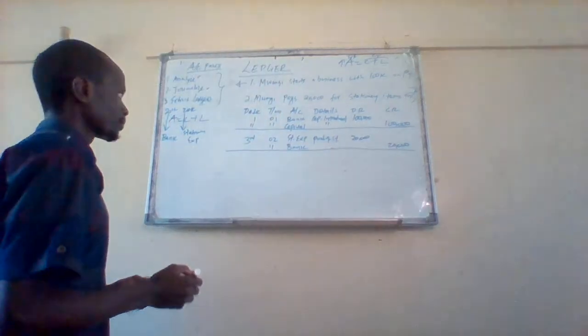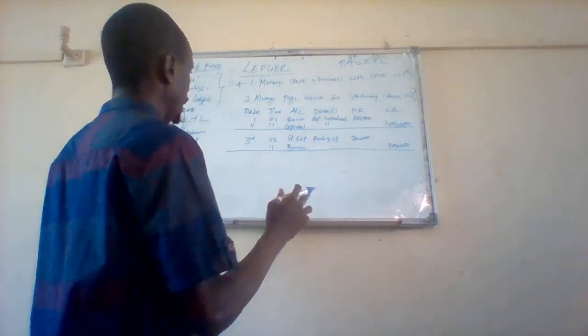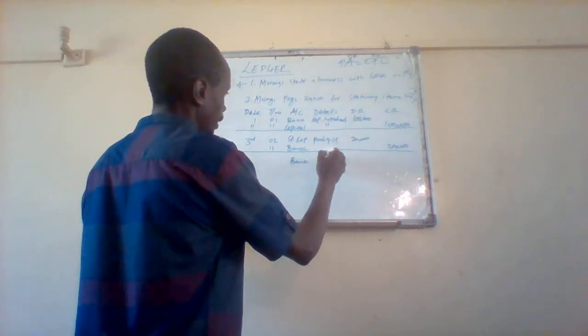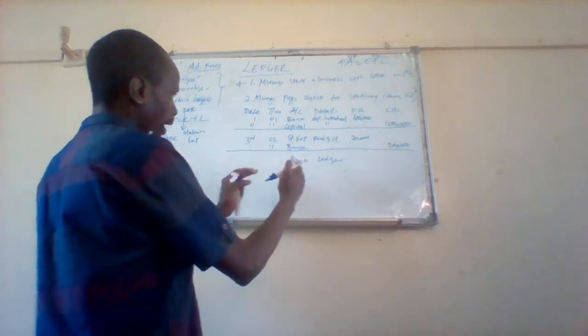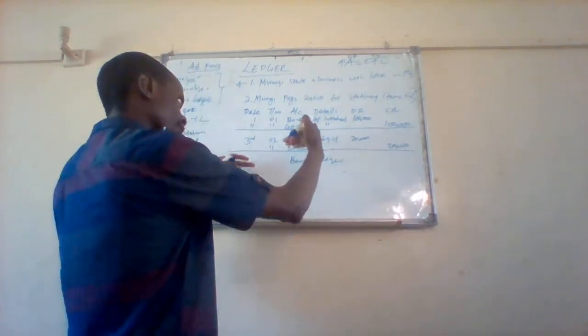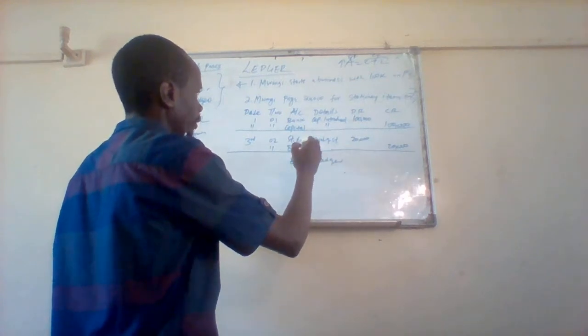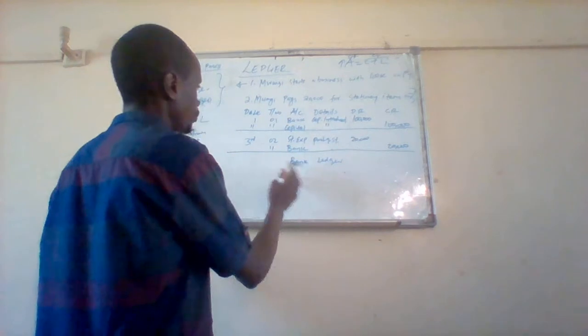Now we will have ledgers, which are the pages. Now let me do the bank ledger. Now bank ledger will capture only entries, transactions relating to bank only. Okay, so this is the format of a ledger.